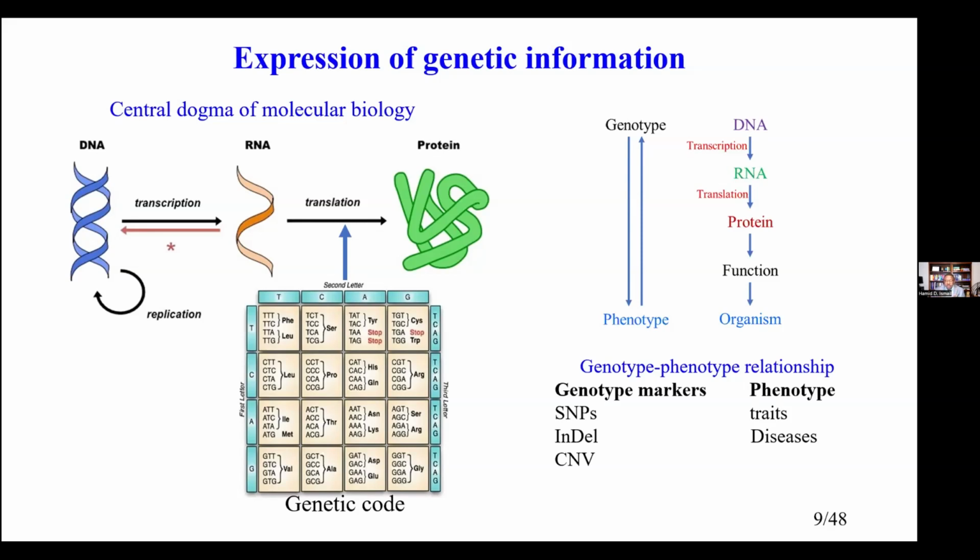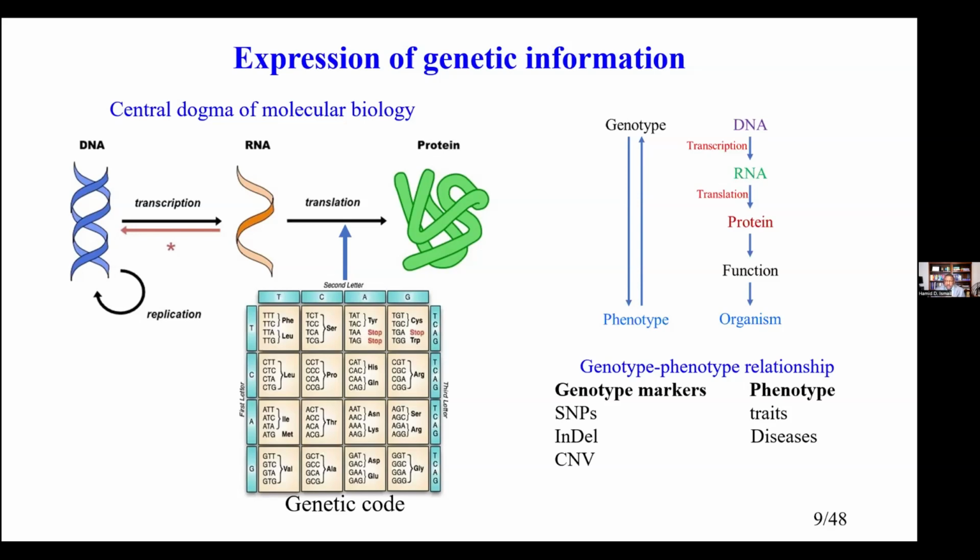So what is the importance here? We can always link between what we call genotypes and phenotypes, because in the genetic material the genes are there, and in the gene there might be some kind of mutation like SNP, single nucleotide polymorphism, maybe an indel, insertion or deletion, or maybe copy number variants.